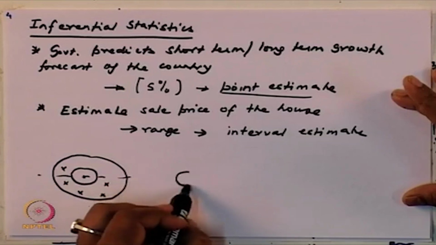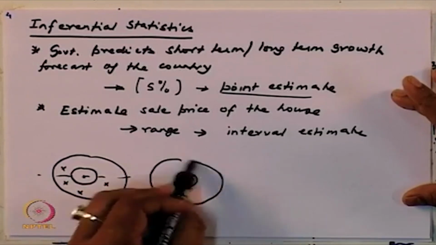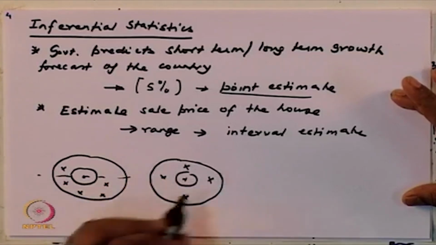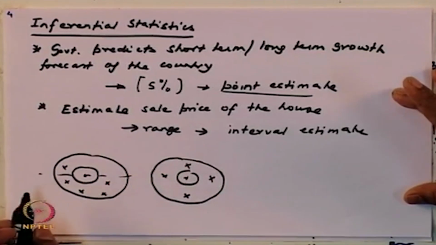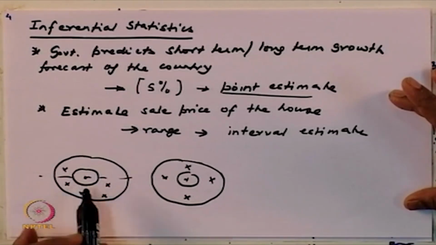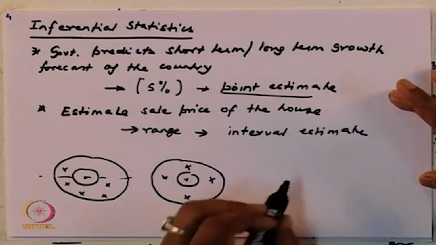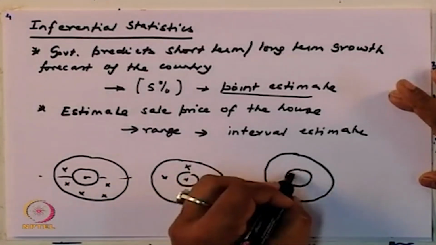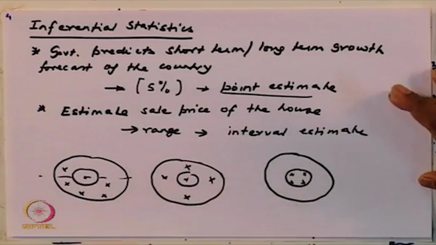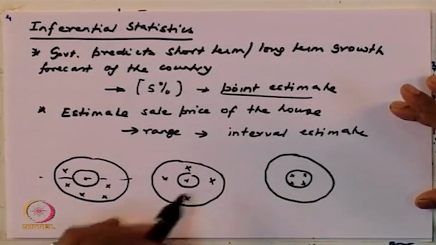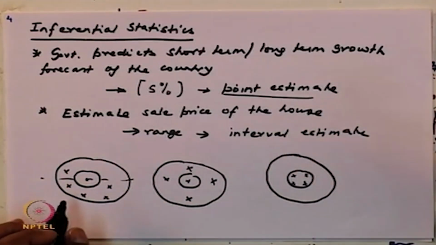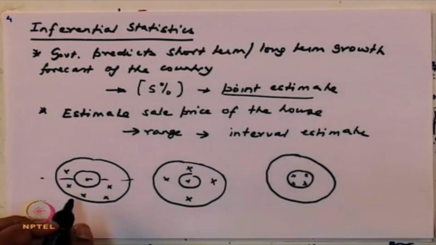Or you can have a situation where you have points which are all over the place. Or let us take another case. The points are here. So how do we discriminate between these three cases? What should be your yardsticks when you want to come up with a point estimate?